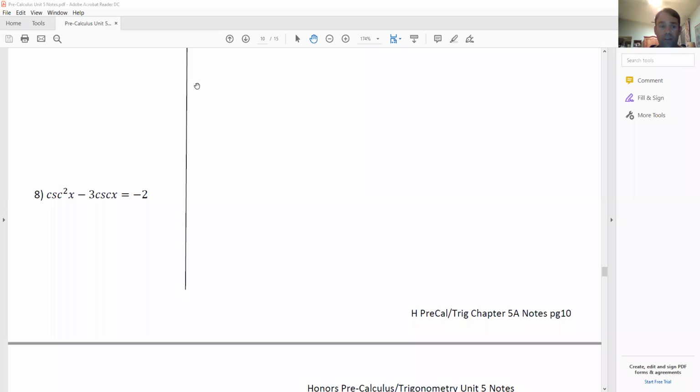All right, friends, last one here. So we have cosecant squared x minus 3 cosecant x equals -2. So again, we want to set it equal to 0.